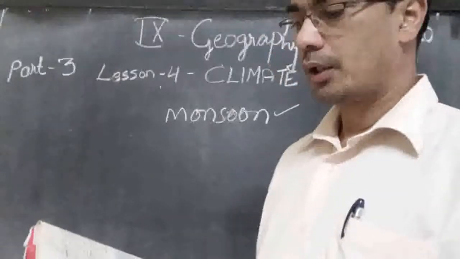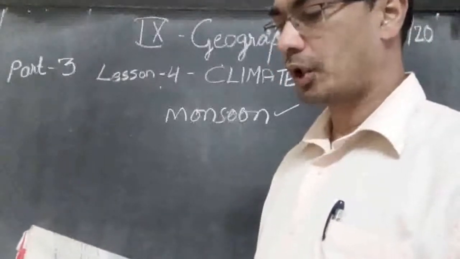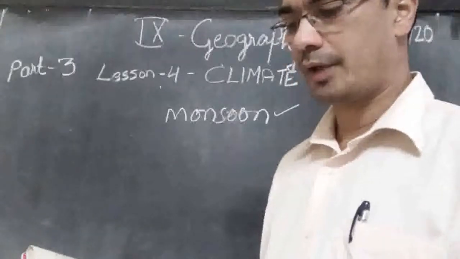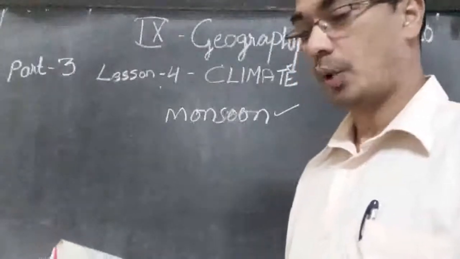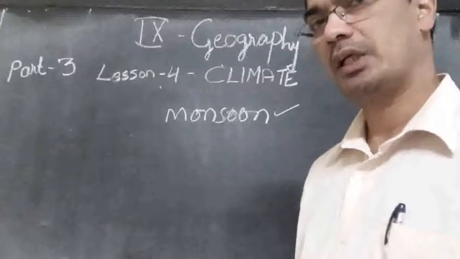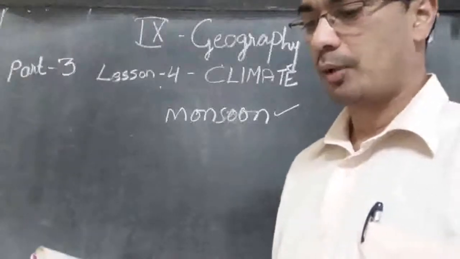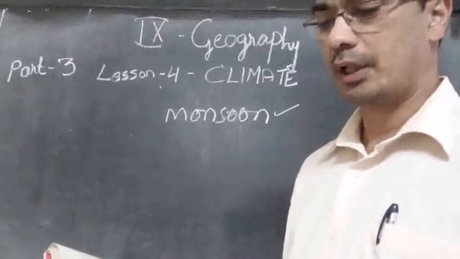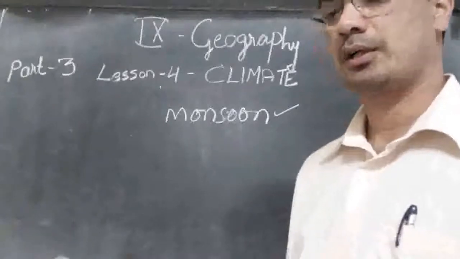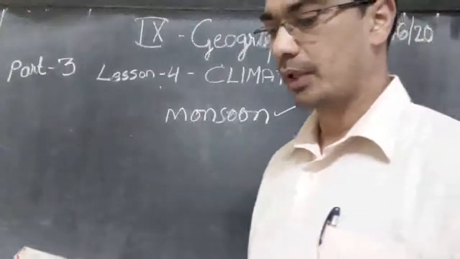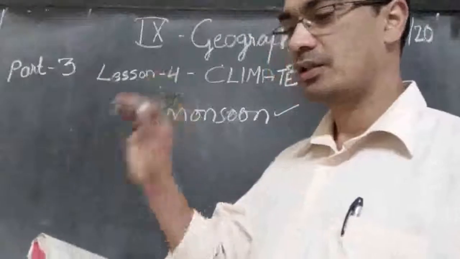And the intensity and position of this high pressure area affects the Indian monsoon. Another thing that is affecting the Indian monsoon is the presence of a high pressure area east of Madagascar, approximately at 20° south.